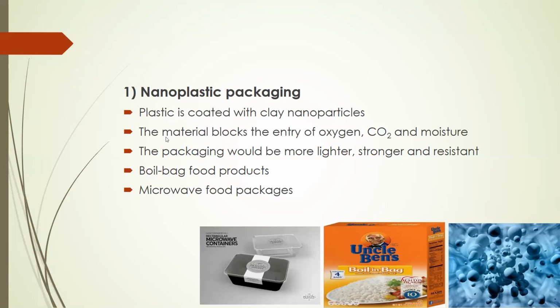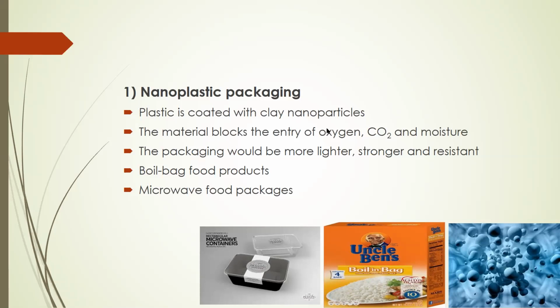And what would ultimately happen is that the plastic materials would be made of such characteristics that they would block the entry of oxygen, carbon dioxide, and moisture to the foodstuffs that are being packaged.